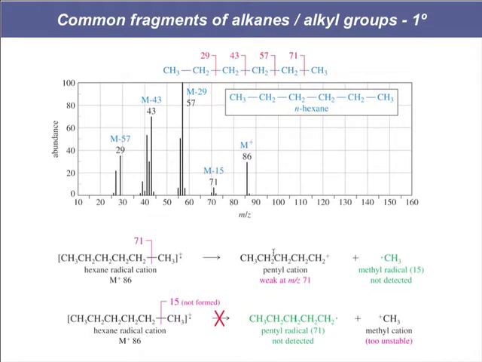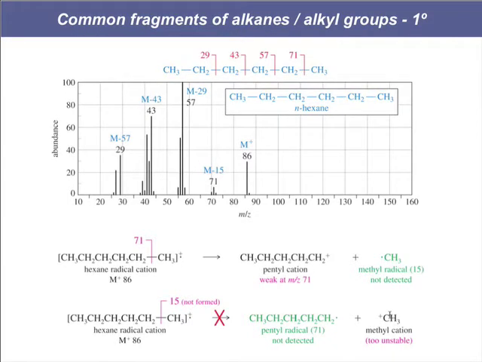But notice that that doesn't happen. We don't see a 15 anywhere in here. 15 is not there. So you're never going to make the methyl cation with the pentyl radical. That fragmentation pattern does not happen.